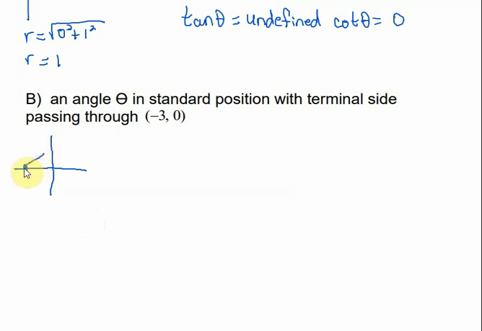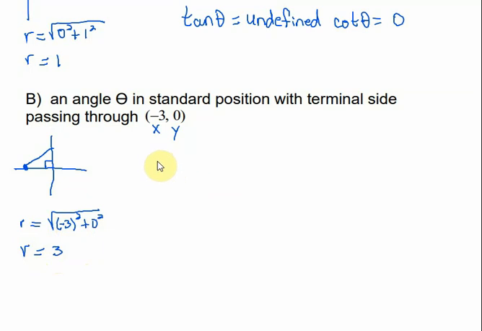So if we were to create our triangle like this, this is our x value, our y value, and then to find r, that would be -3 squared plus 0 squared, and -3 squared is 9 plus 0, the square root of 9 is 3.